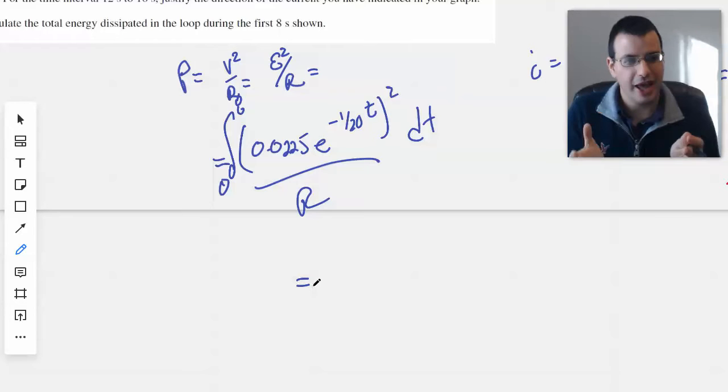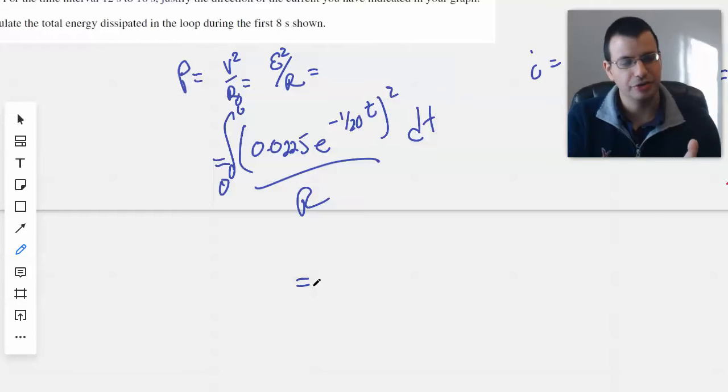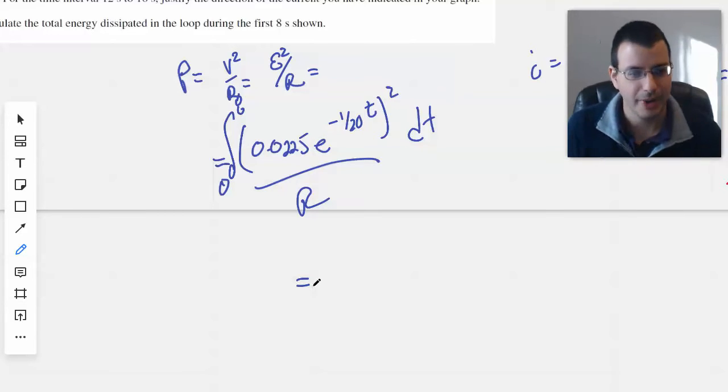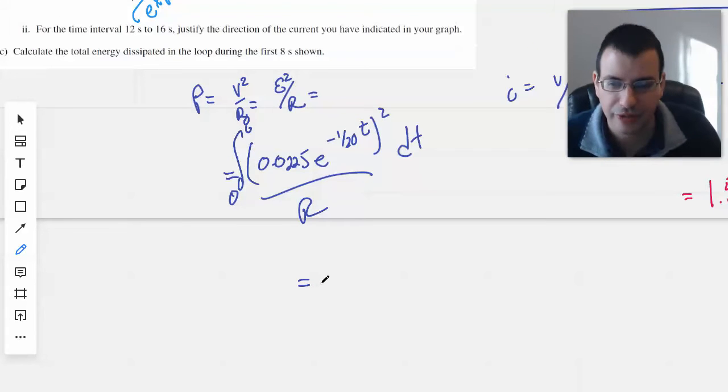Since I already have the integral here, and that square might mess it up, what I would do is we already have the derivative, which is the EMF, and we'll just integrate it back again. There might be some time-saving issue there, but it's not worth finding.